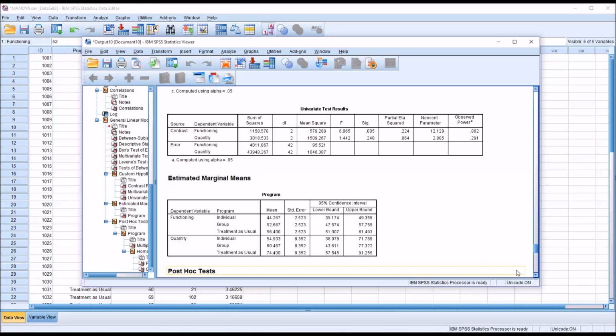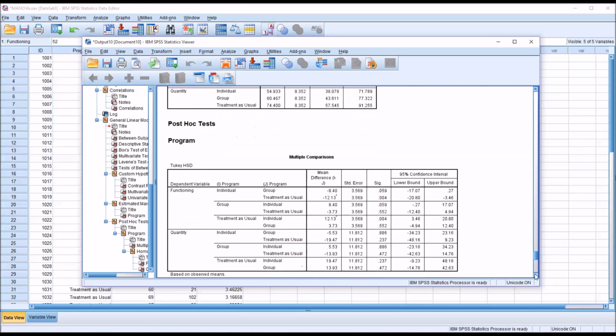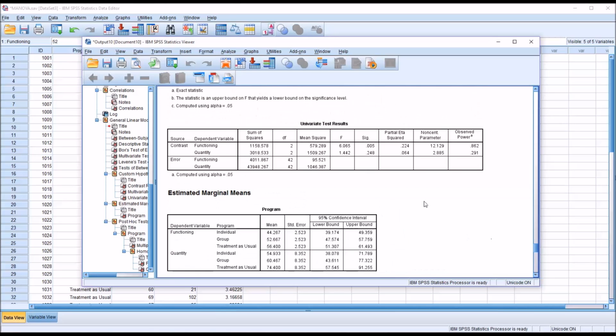Again, we can see the means here, and we will interpret the post hoc tests because we had a statistically significant finding on Pillai's trace. And similarly, because of that, we were able to interpret these univariate test results.